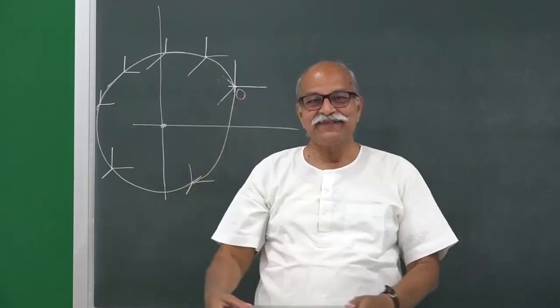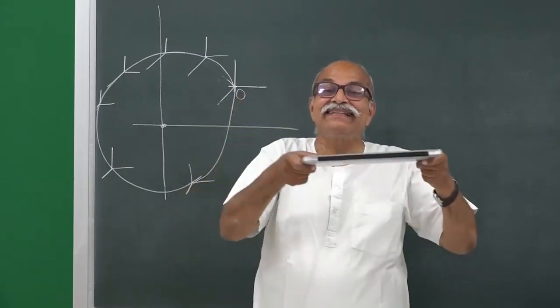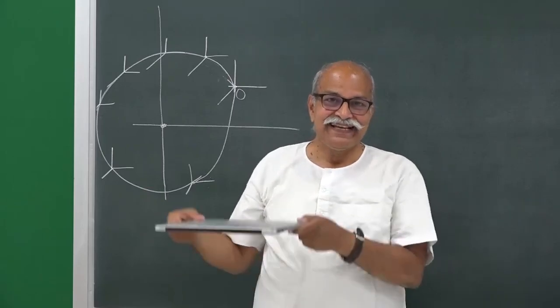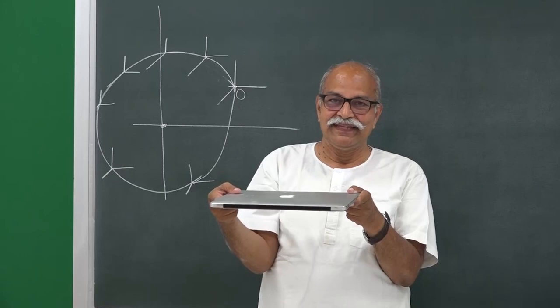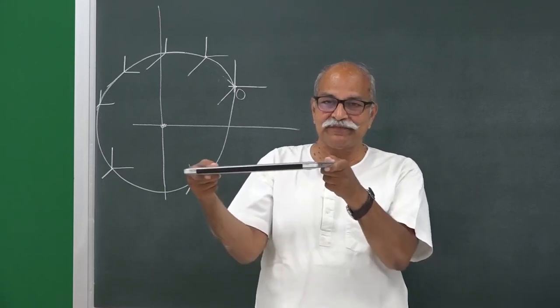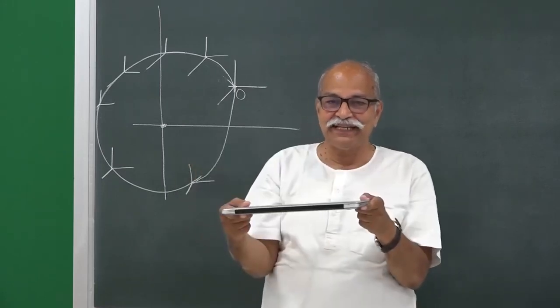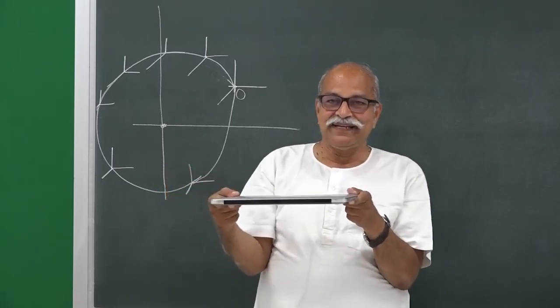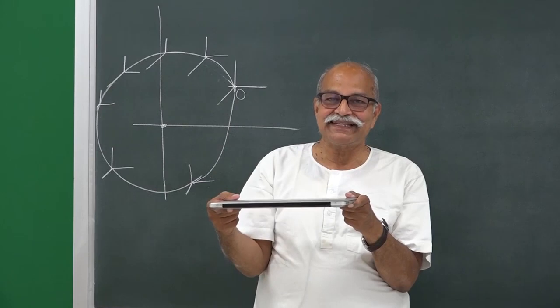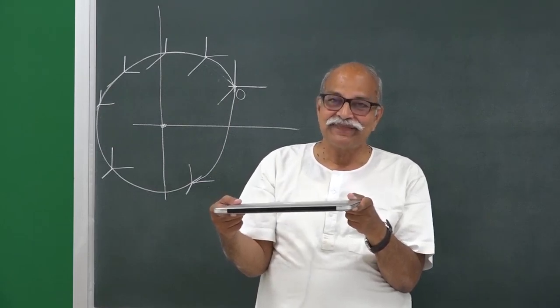What is this? Is it a rotational motion? It is a translational motion. At any instant, if I am taking it from here to here along this whole path, all the points are displaced by the same amount and in the same direction.